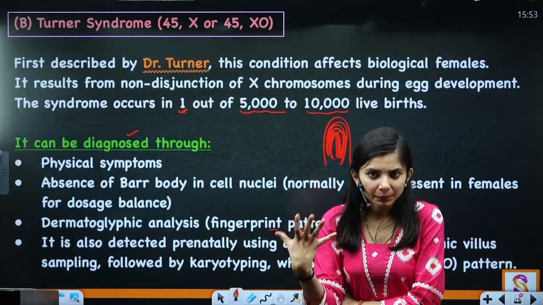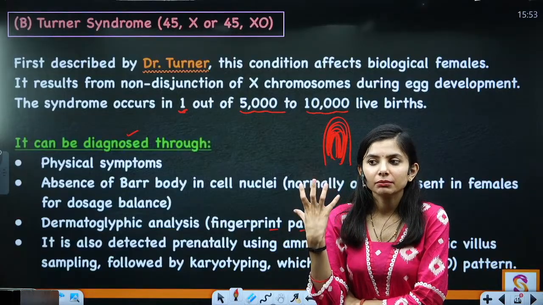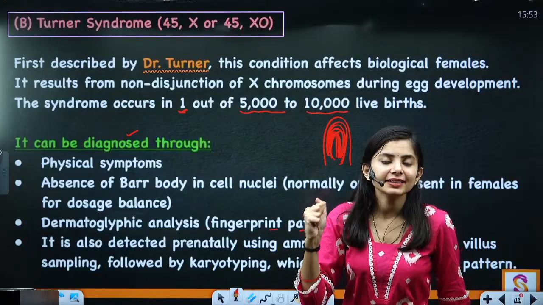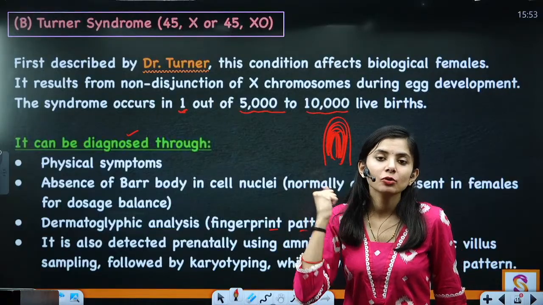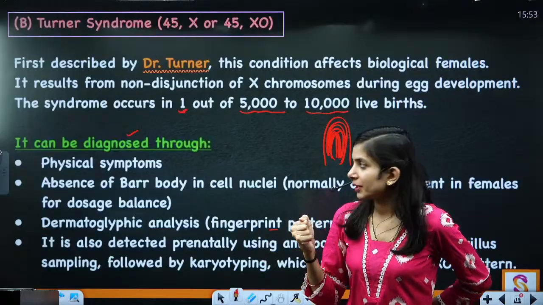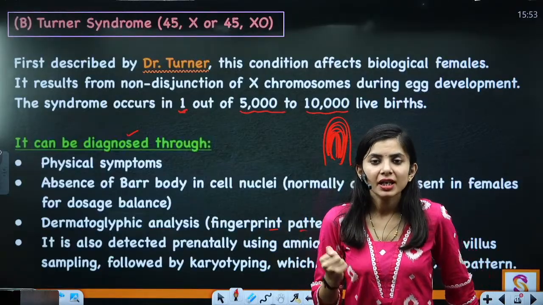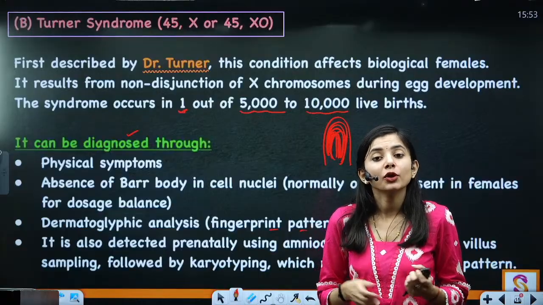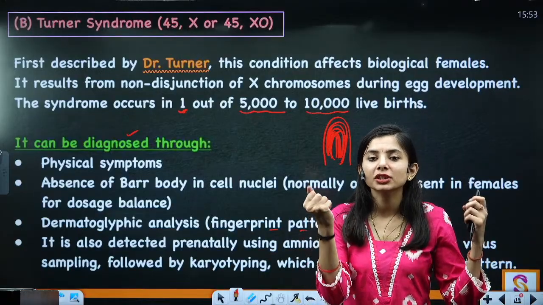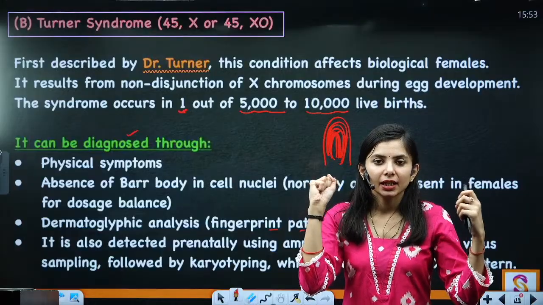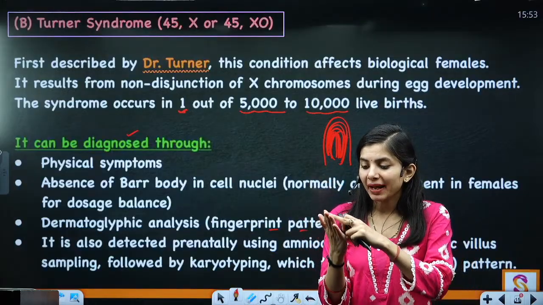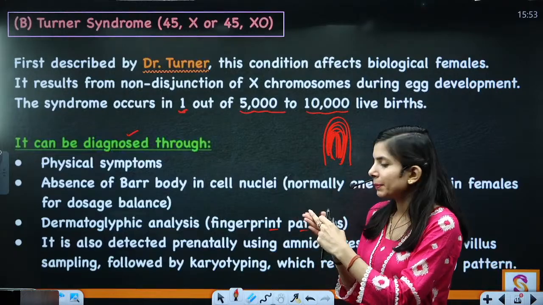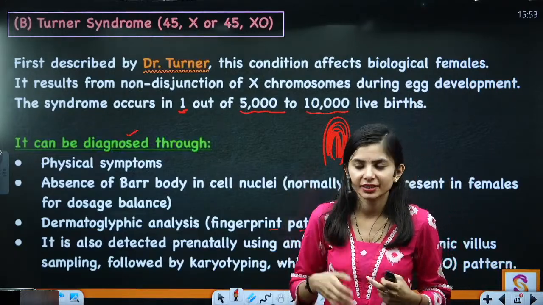Because the occurrence of fingerprints depends upon the tightness of your palm when you were in the womb. The person who has Turner syndrome does not have that locomotor development. Therefore, in the womb, they are not able to tighten their palm, and the fingerprint pattern is not developed to that extent.